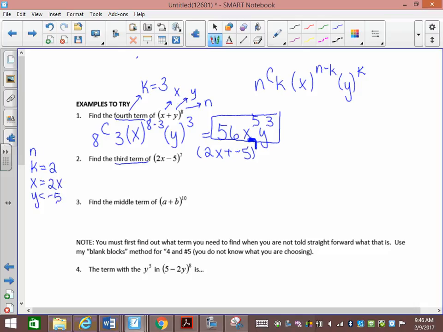N is 7. Then we can fill it in. This is our x. This is our y. This is our n. And our k is 2 because we're looking for the third term. So it's going to be n, 7, ck, 2, x, which is 2x, to the n minus k, so 7 minus 2, and then y, which is negative 5, to the k, which is 2.